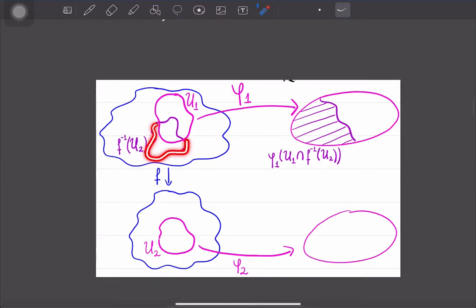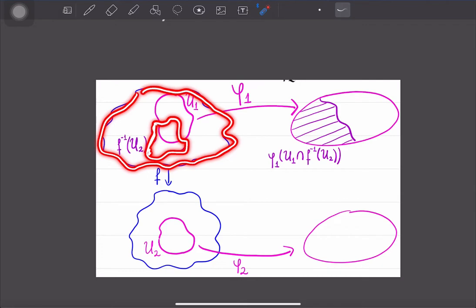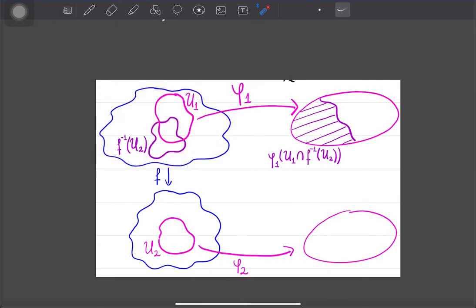Then this inverse image, in V, in my open subset of C bar, has two overlapping parts: one part which it has in common with U1, and the other that it has in common with U2.